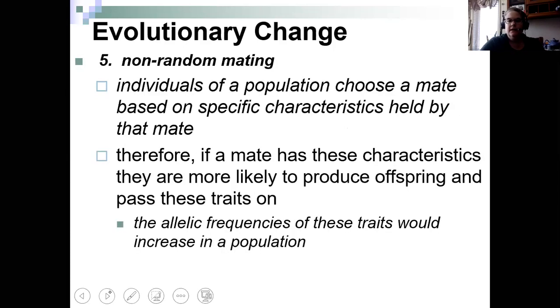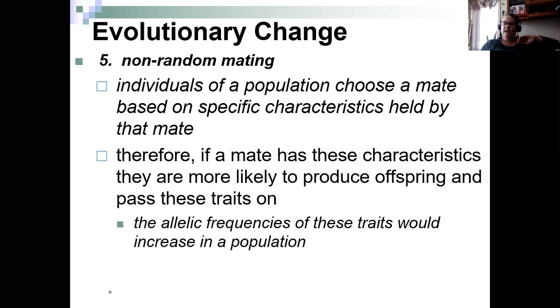All right. Non-random mating. Random mating means we don't care. Non-random means that we're choosing a mate because of a particular trait. Now, again, when we're thinking about the Hardy-Weinberg principle, we're looking only at a particular gene pair. So am I choosing a mate because they can roll their tongue versus not roll their tongue? Am I choosing a mate because they have a beautiful long tail versus they don't?